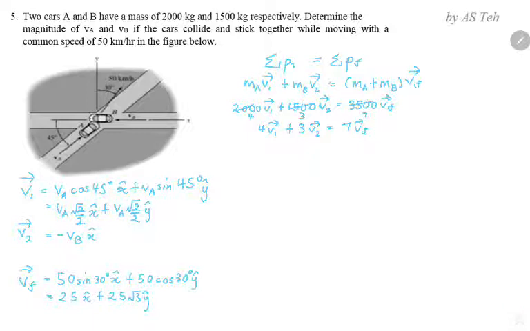And now I substitute the velocities in, so I get 4 times VA square root 2 over 2 x plus VA square root 2 over 2 y, plus 3 times negative VB x, equals 7 times 25x plus 25 square root 3 y.